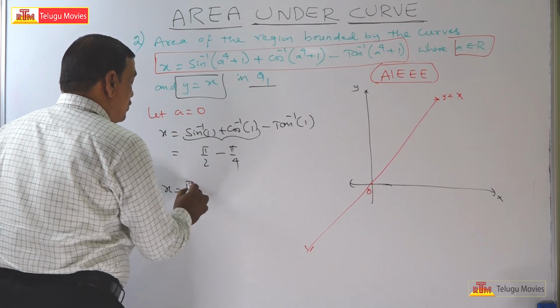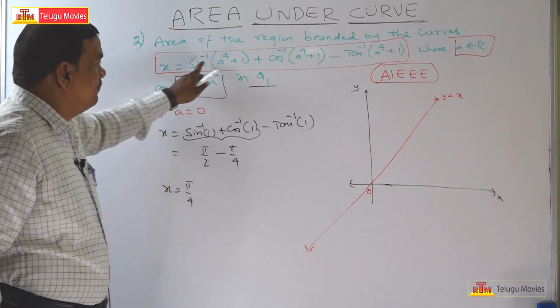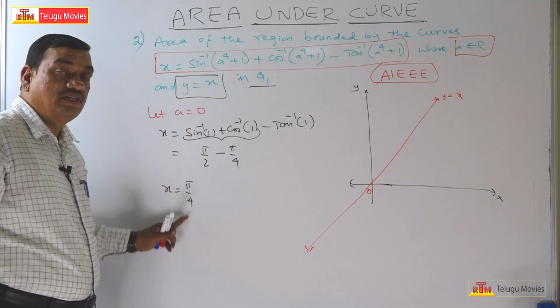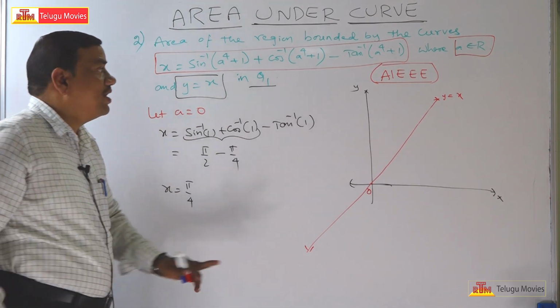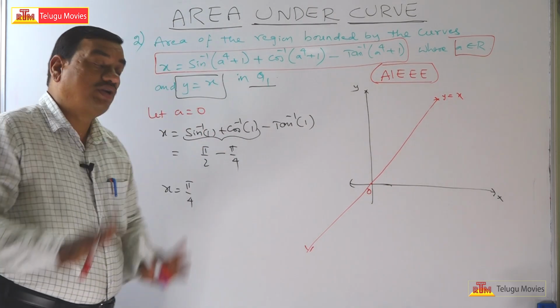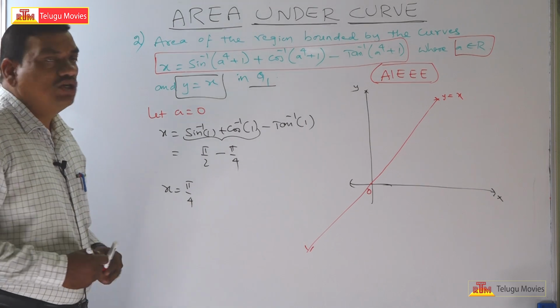Therefore x = π/4. That means the value of x is a constant, π/4, for all a belonging to R, whatever value you take.